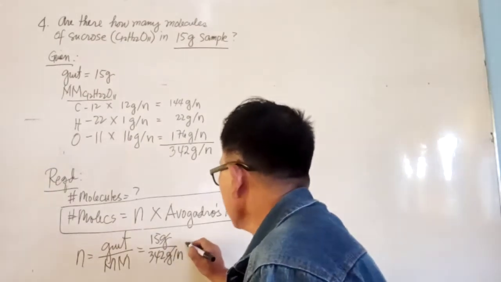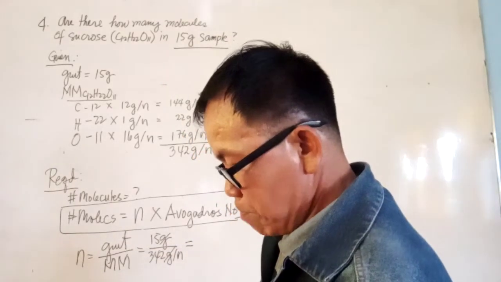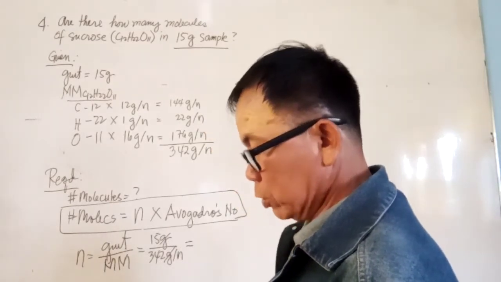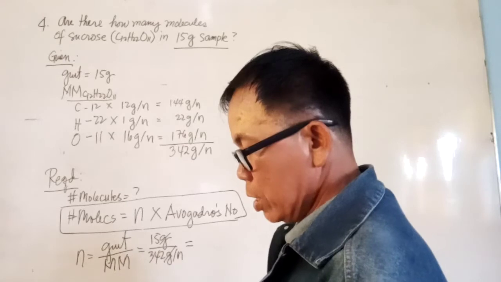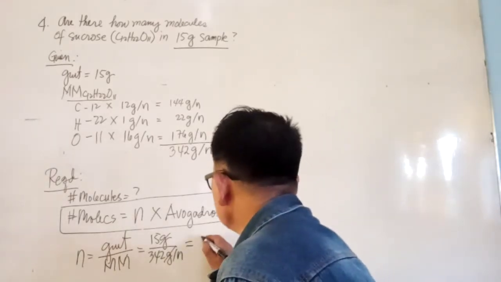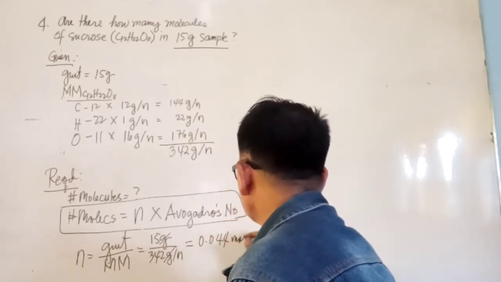Alright, and this is now equivalent to 15 divided by 342. Okay, so you have now 0.044 moles.